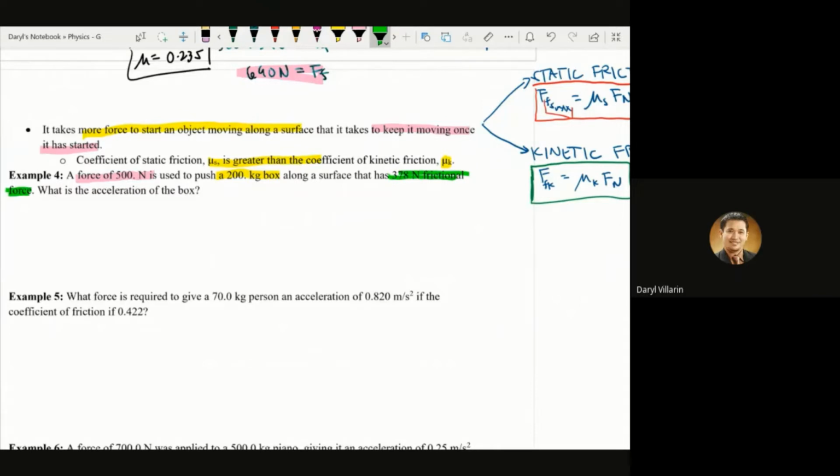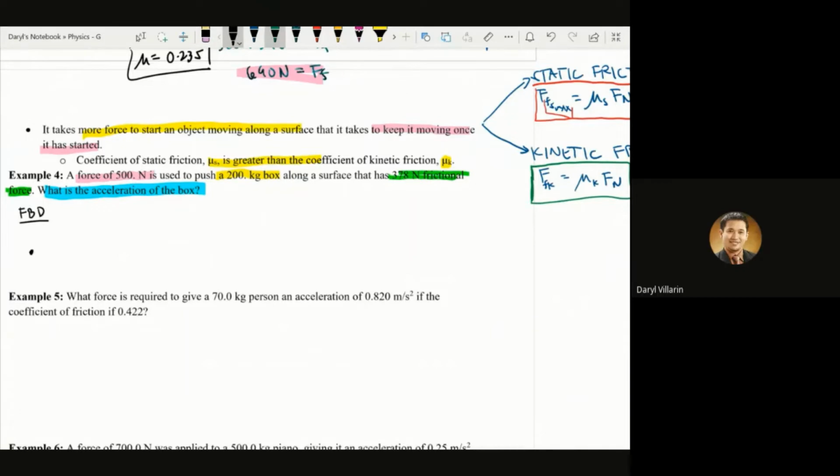What is the acceleration of the box? In this case, you're already given the magnitude of the friction, which is 378 newtons. But make it a practice to draw the free body diagram.